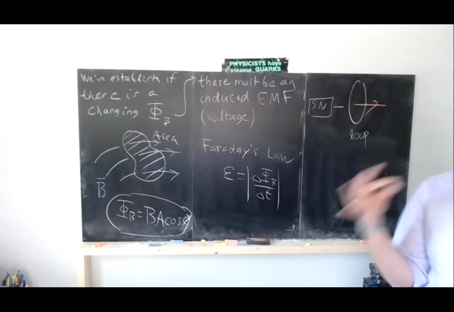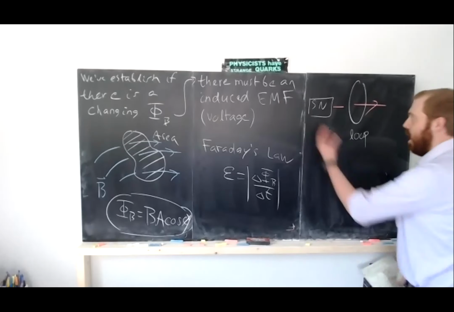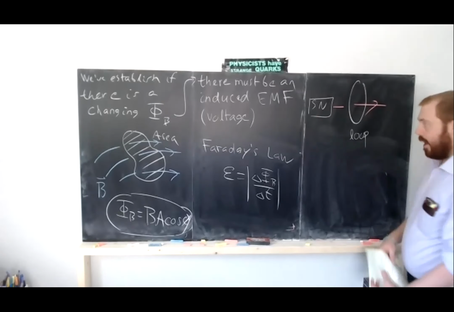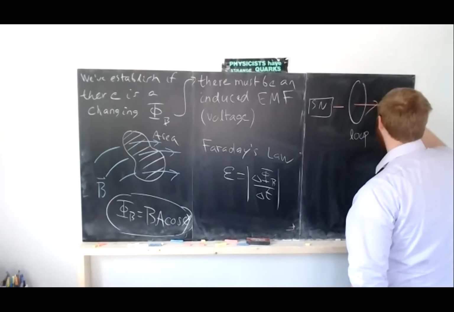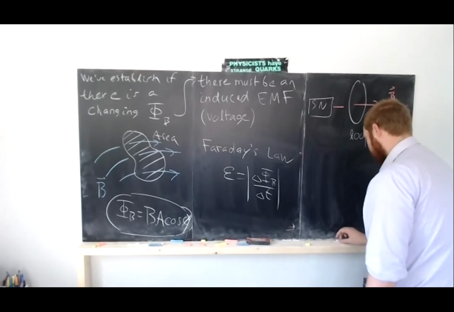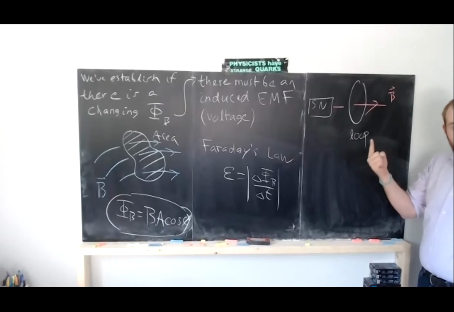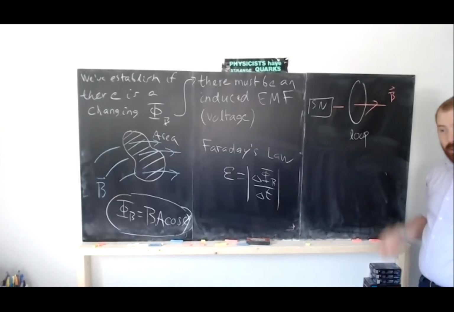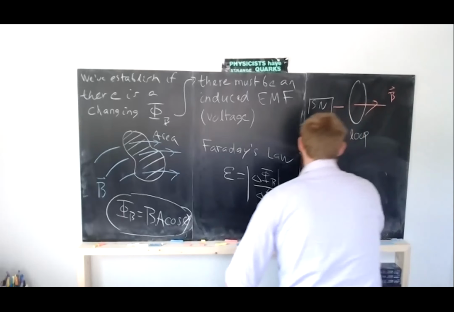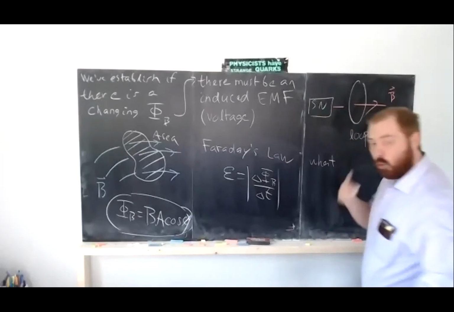Right. So one example we talked about, it was of magnets moving towards a loop. And I say, okay, if the magnet's moving, there must be a voltage produced on this loop. But then the question was, what is the direction of current?